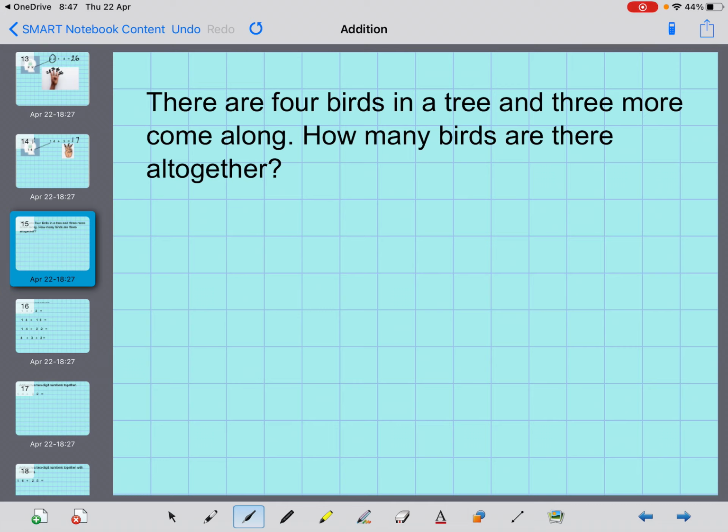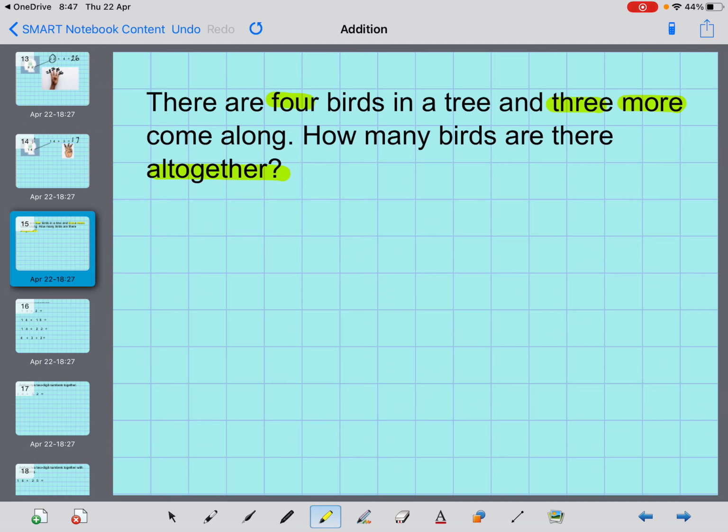The way that we would teach these in school is to highlight any key numbers or key vocabulary as we're reading. So there are 4 birds in a tree and 3 more come along. How many birds are there altogether? So I have highlighted the number 4 and the number 3.